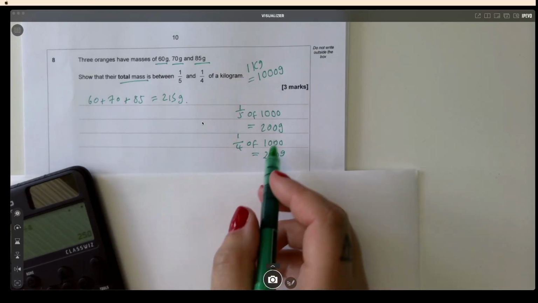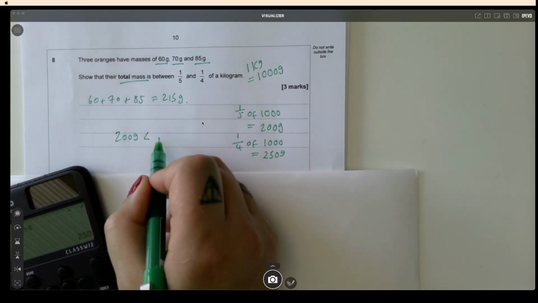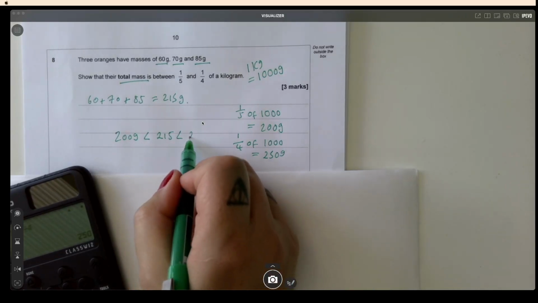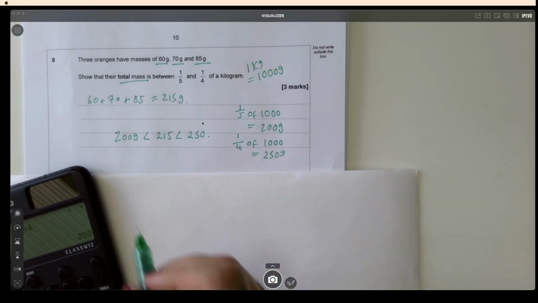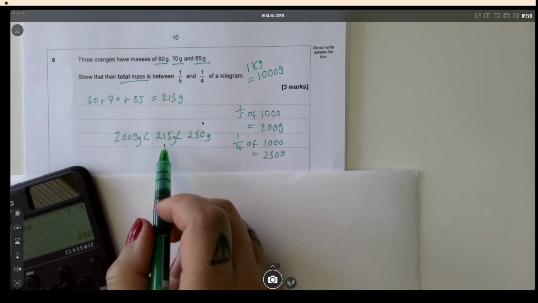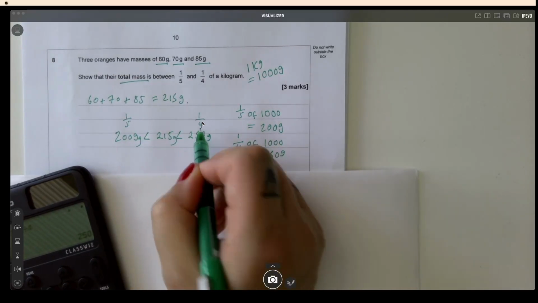So we can say that 1/5 is 200 grams, which is less than the 215, but 215 grams is less than the 250. So we've shown that that value is somewhere between 1/5 and 1/4.